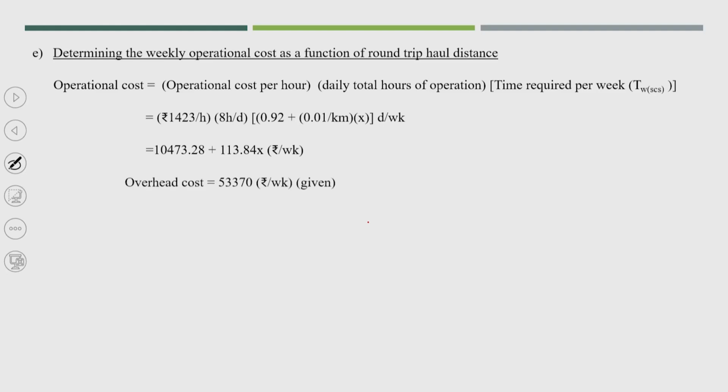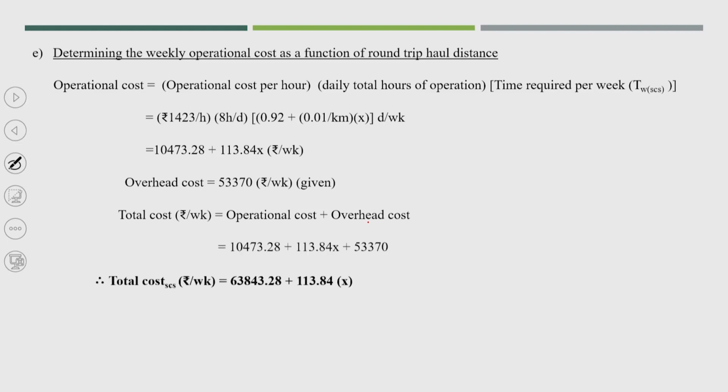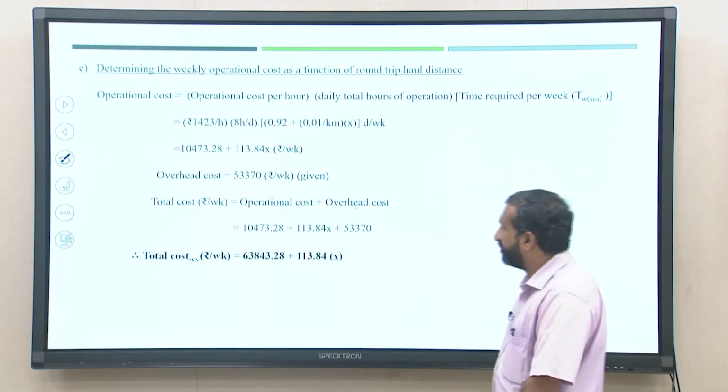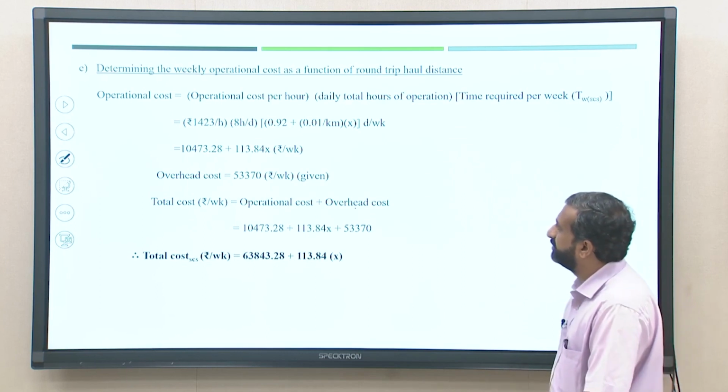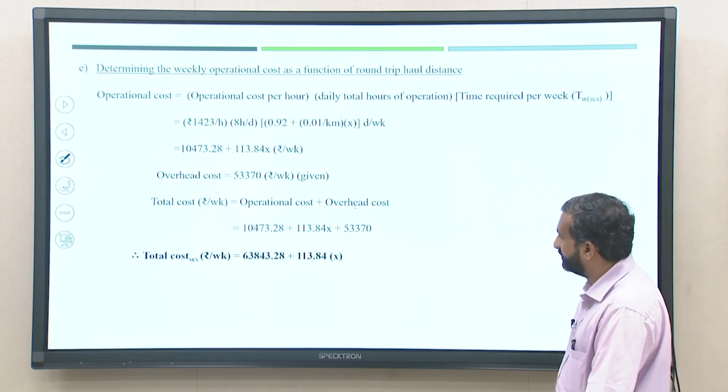The overhead cost is already given here, and the total cost will be the sum of operation cost and overhead cost. Finally, the equation for total cost comes up as 43,843.28 plus 113.84 x, in rupees per week. This total cost will be required for the total operation of the stationary container system.